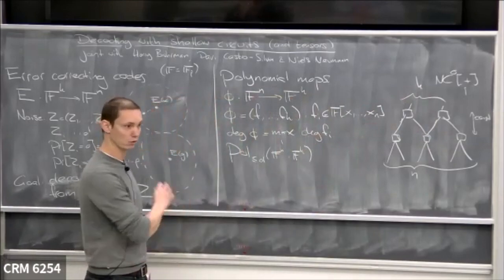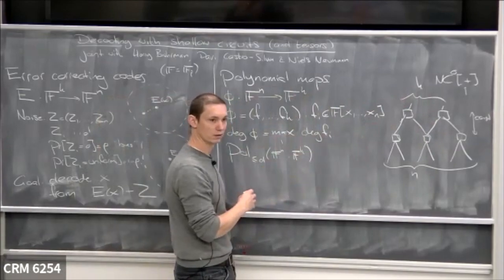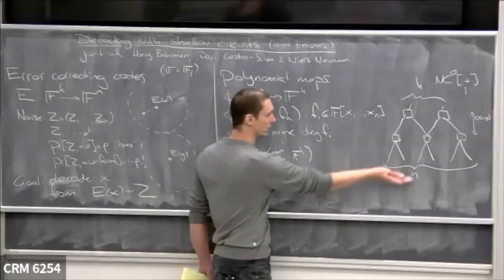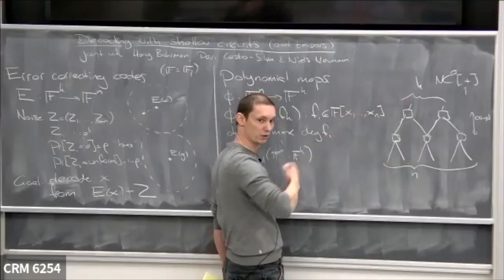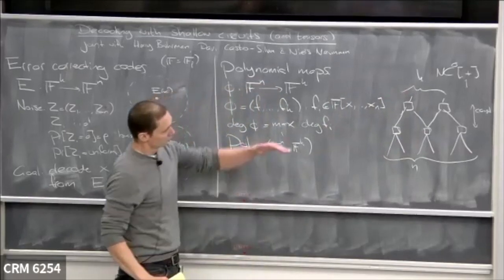For any polynomial map, you can construct a circuit that computes it and vice versa. To preempt a question, the degree of the polynomial map grows exponentially with the depth of the circuit because degree is multiplicative under composition, but we assume that the depth is just constant.